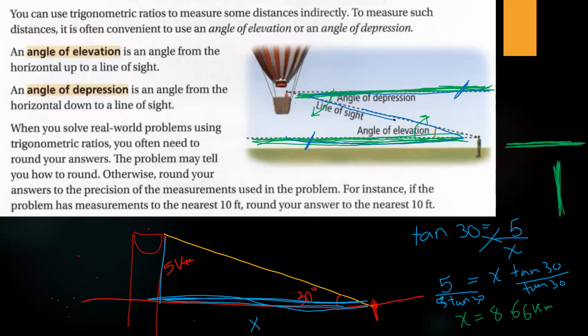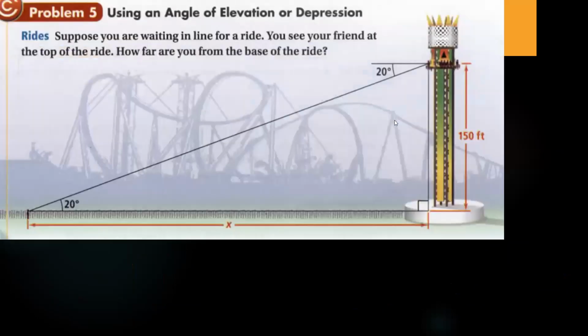Okay, teacher. Now let's have this example here. Suppose that you are waiting in a line for a ride. You see your friend at the top of the ride. How far are you from the base of the ride? So you are here, and you see your friend here, at the top of the ride.